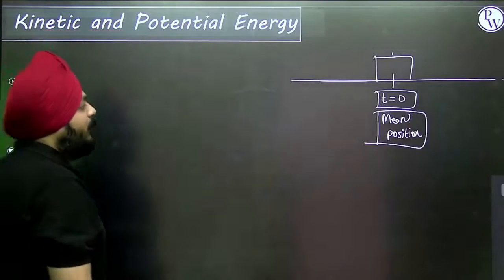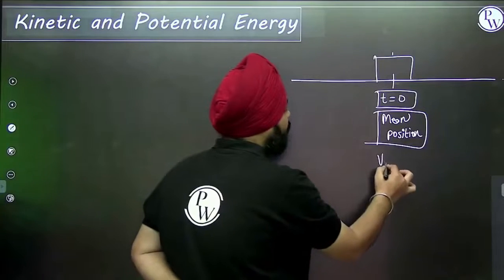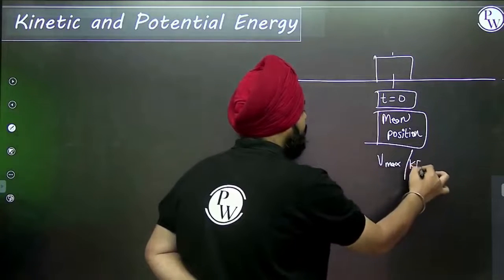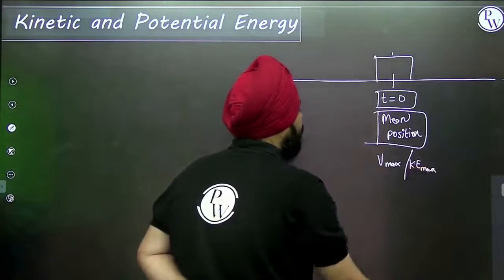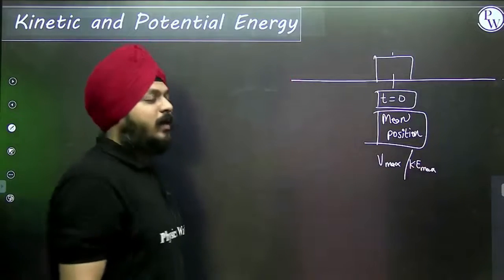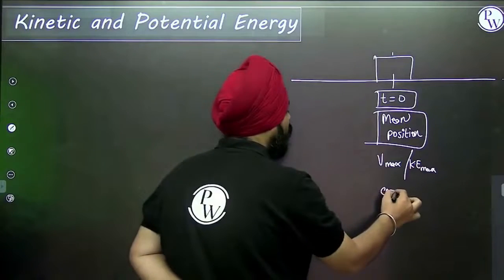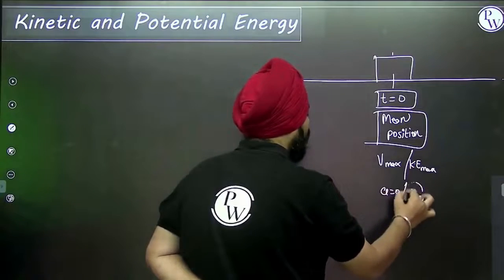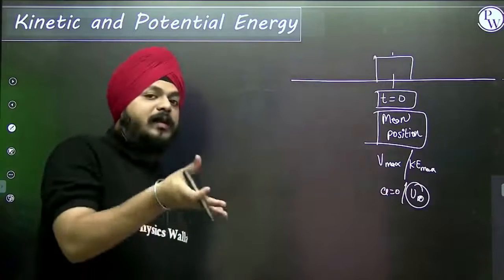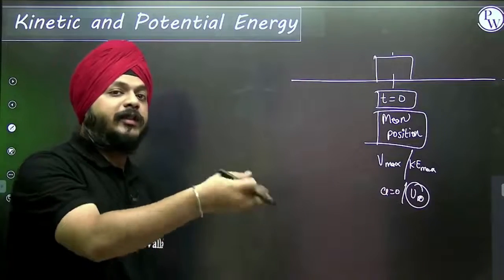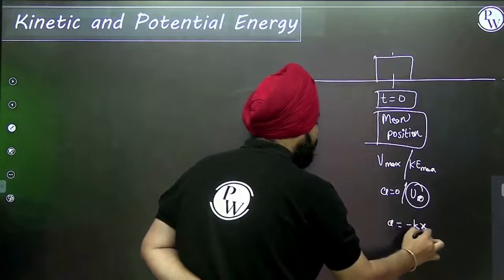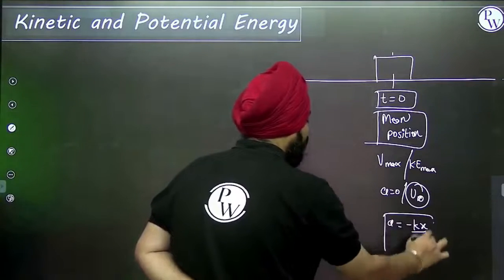Now at the mean position the velocity of the particle is maximum. Velocity of the particle is maximum, it means that it is having the maximum kinetic energy. Acceleration of the particle is 0, it means that potential energy is 0. Now you will be having one doubt, how is the acceleration of the particle associated with the potential energy? Acceleration equation was minus kx by m, right?